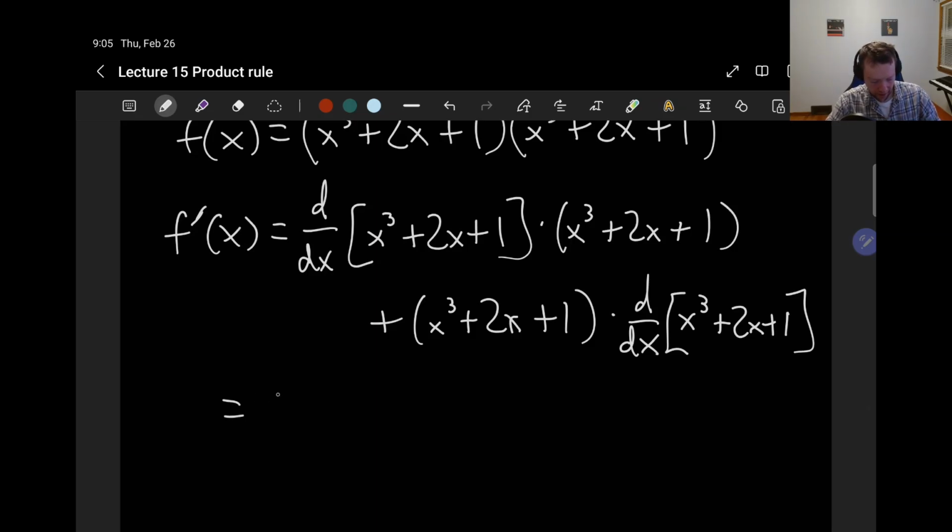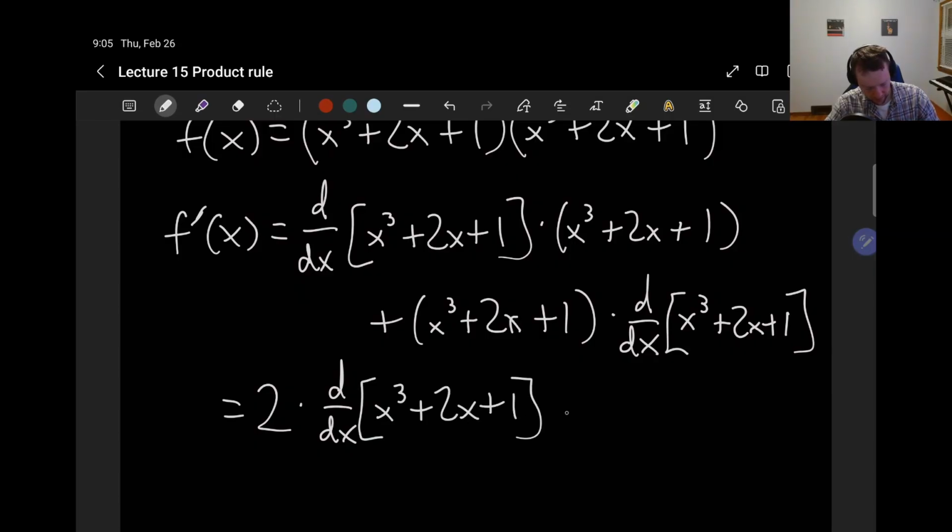So I'm saying that in this case, I can rewrite this as just 2 times the one thing. Let's write the derivative first. And times that polynomial left alone.